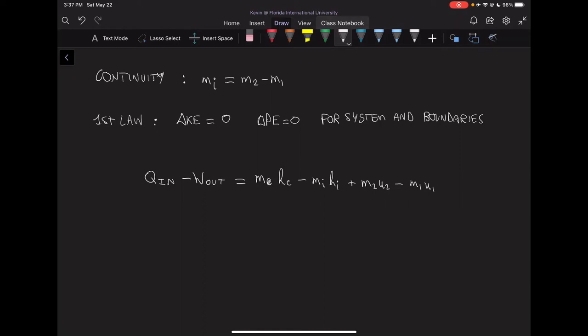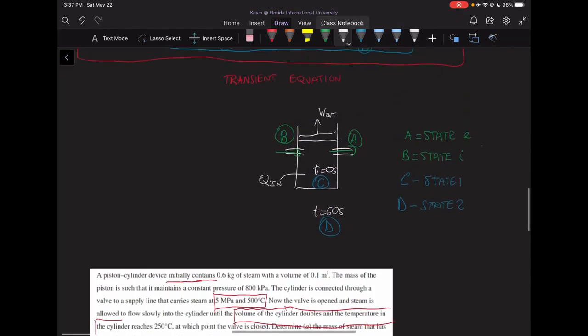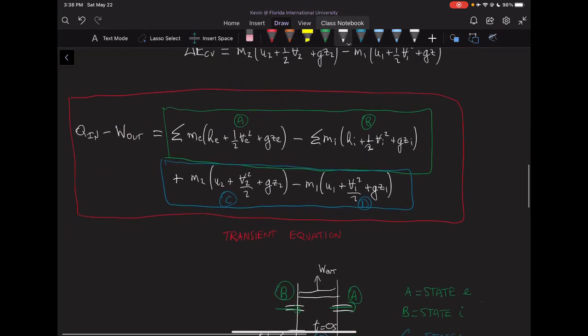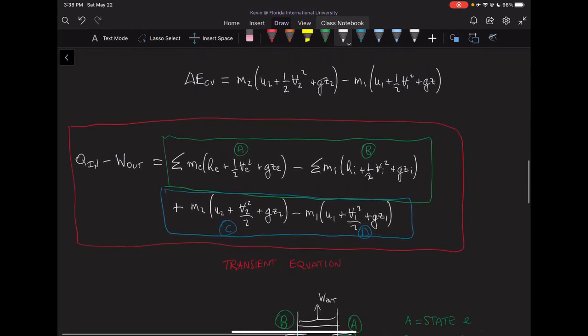Okay, and notice how I decided to use the equation without our Q dot and W dot. So if you notice in our transient equation, I did not use Q dot and W dot.